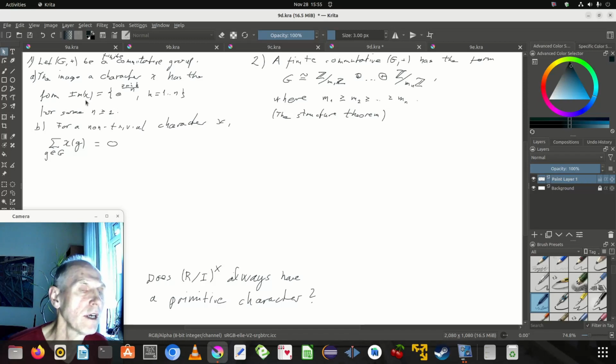The image has this form for some n. So let's choose an element of the group where n has the largest possible, where the denominator is the largest possible.